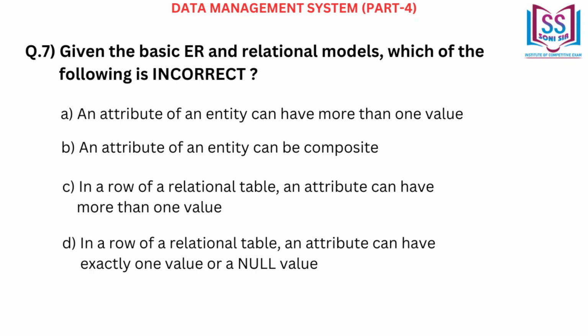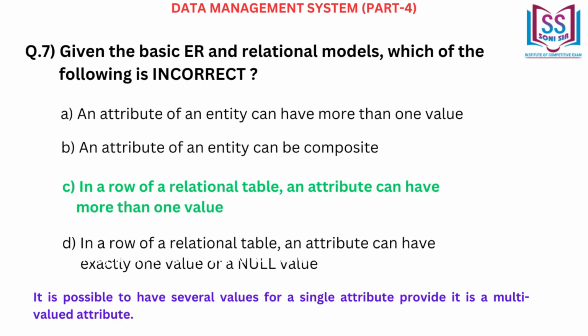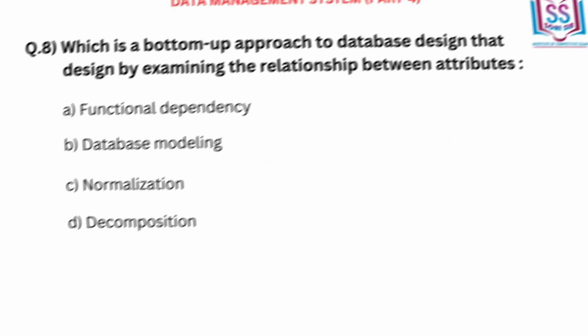D. In a row of a relational table, an attribute can have exactly one value or a null value. Correct answer C. It is possible to have several values for a single attribute provided it is a multi-valued attribute.